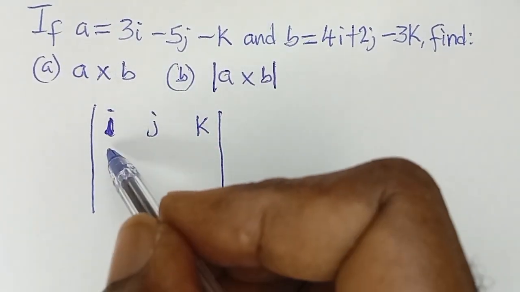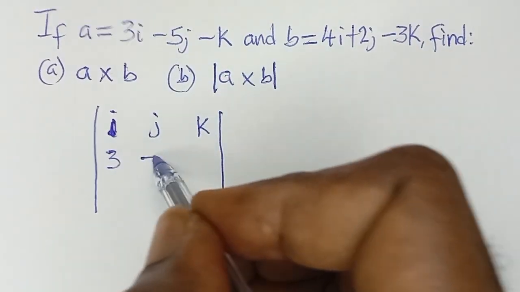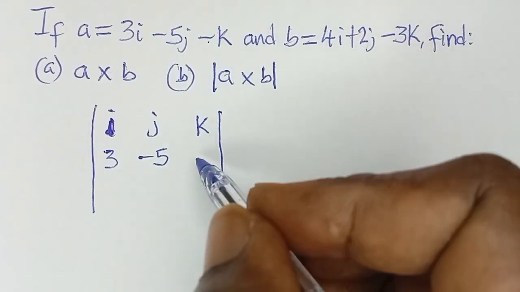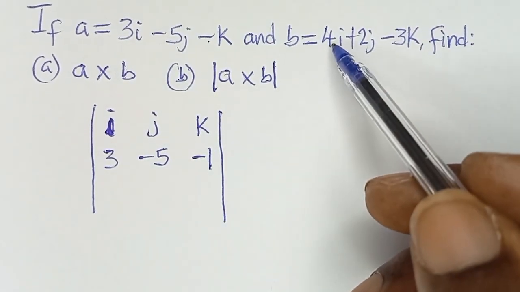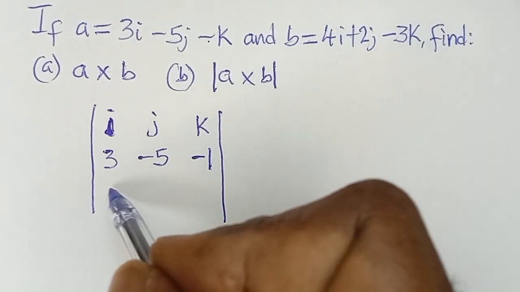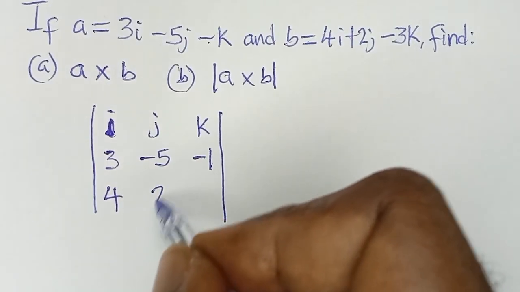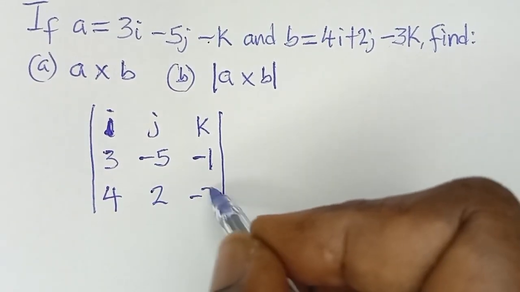So 3 will be here, negative 5 will be here, and then this is negative 1k, so negative 1 will be here. And then concerning the B vector, 4 will be the first one, the second one is positive 2, and the last one is negative 3.